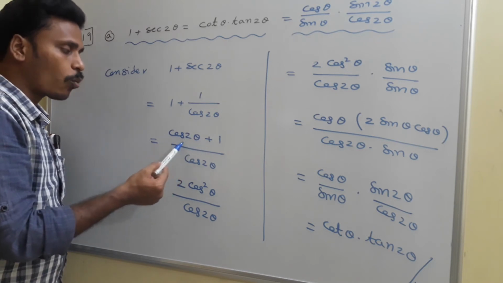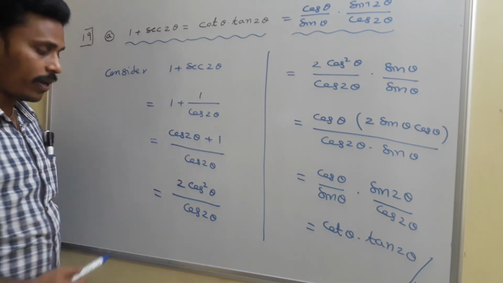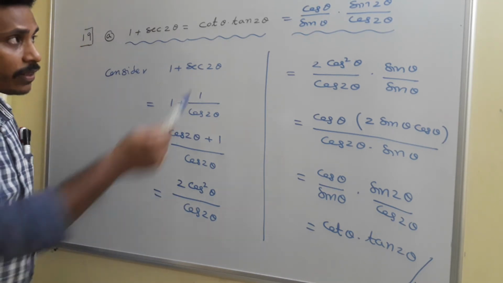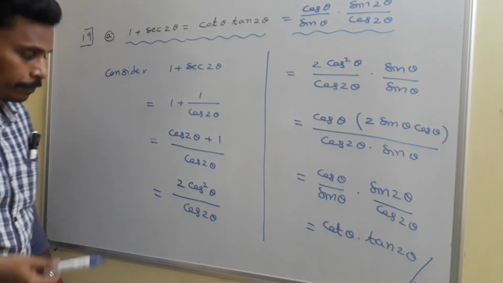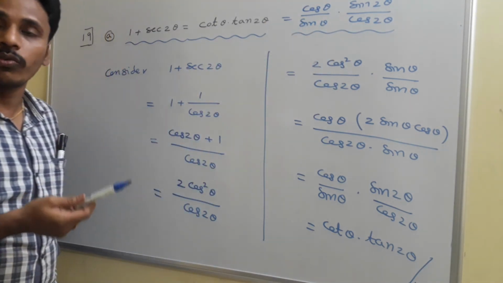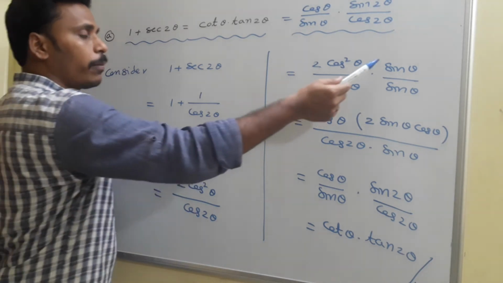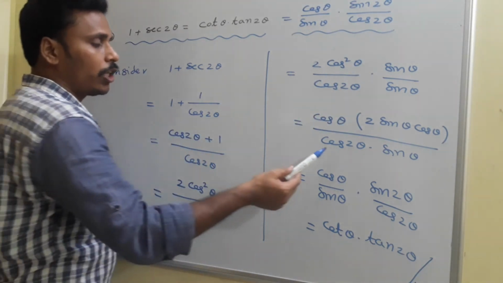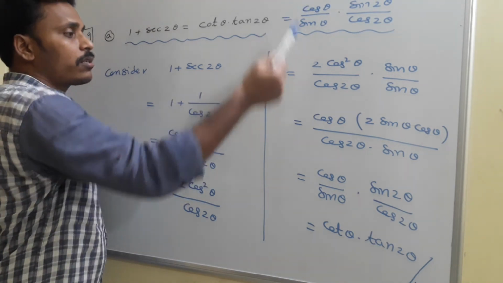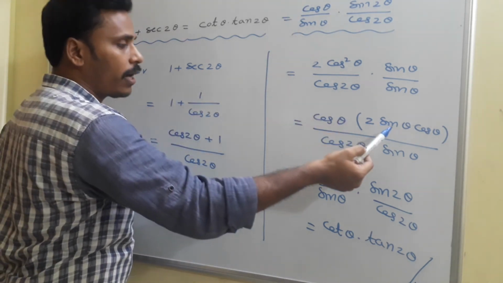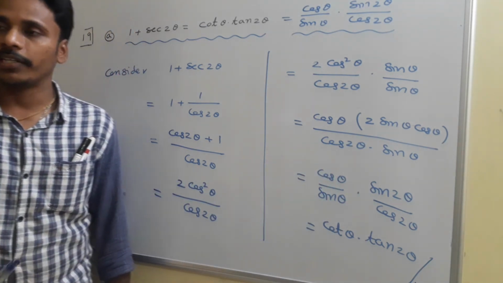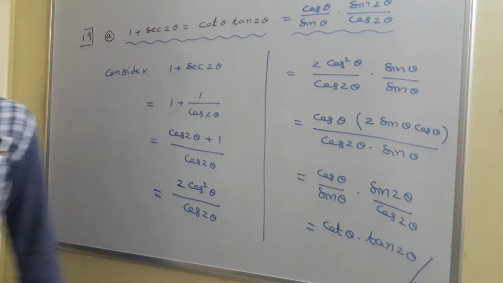We have the rule that 1 plus cos 2 theta is 2 cos square theta, with denominator cos 2 theta. The denominator should be the product of cos 2 theta along with sin theta, so multiply and divide with sin theta. Now the denominator is balanced. In the numerator we need cos, so separate that cos, and the remaining part is obviously sin 2 theta. There ends my discussion.